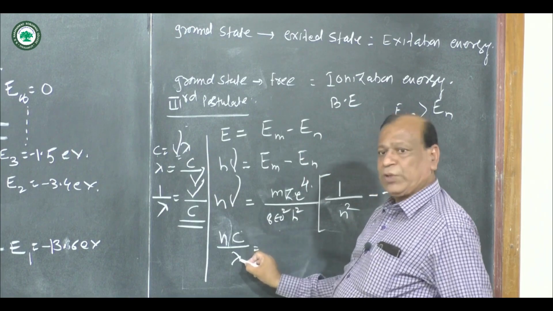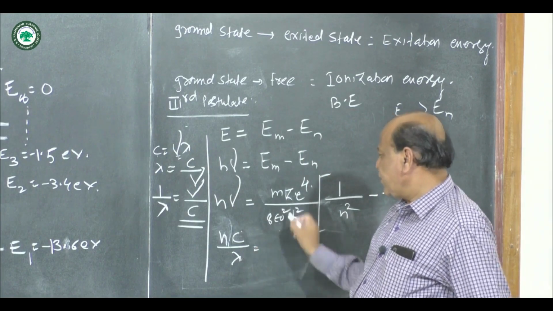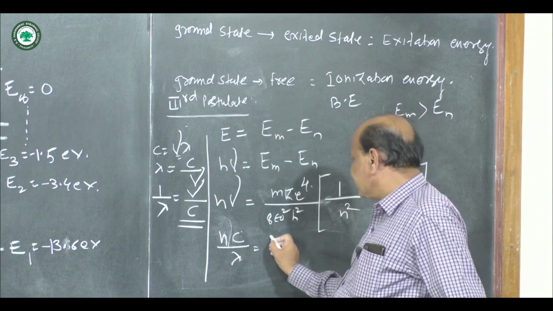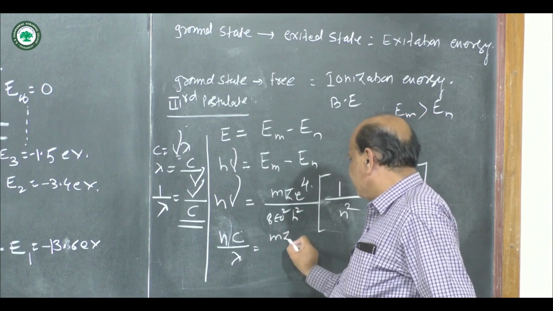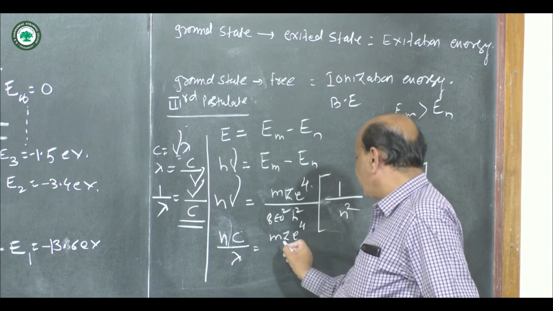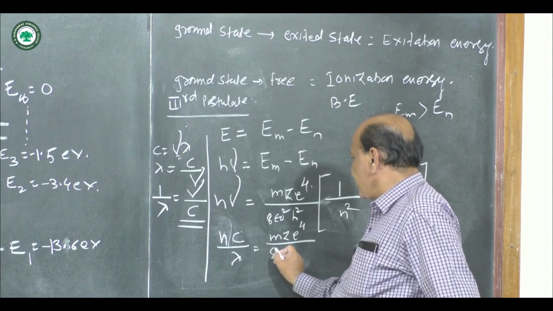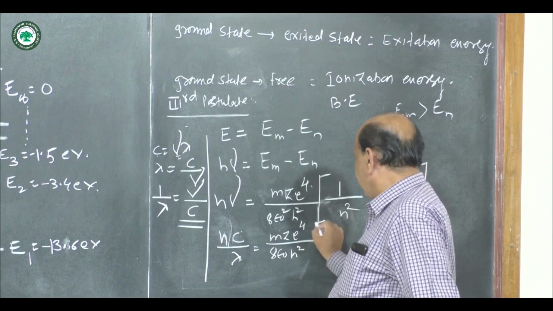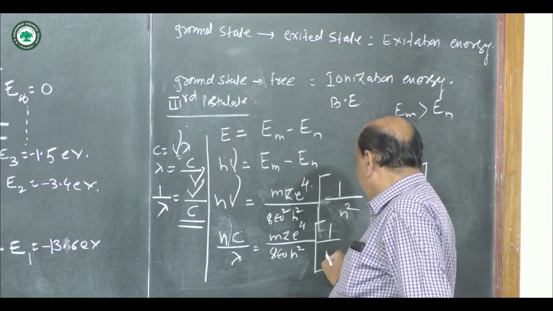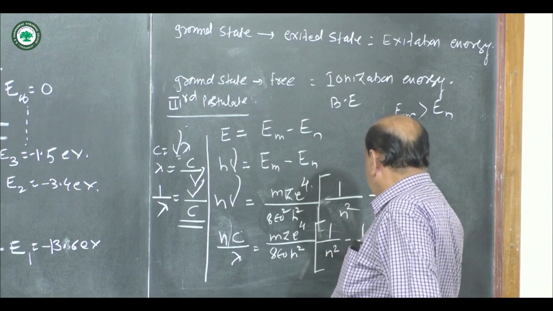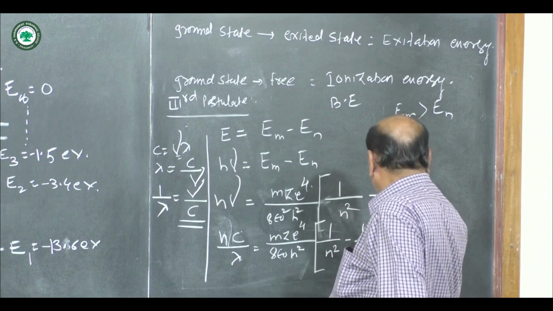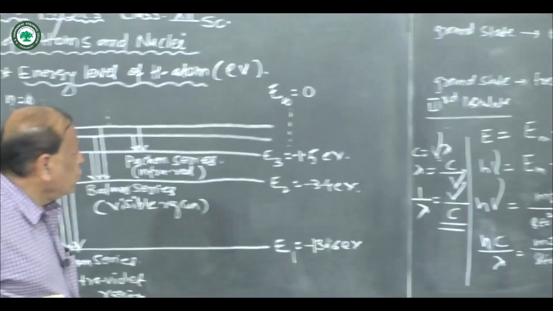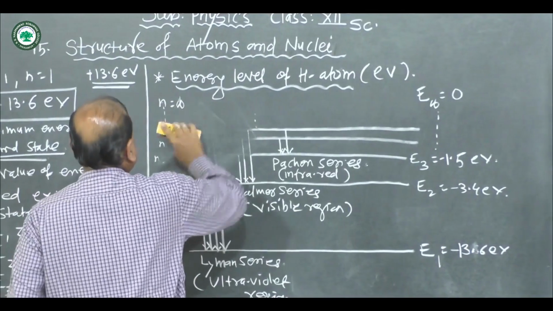The equation is otherwise as it is, m z e raised to 4 divided by 8 epsilon 0 h square, and in the bracket 1 upon n square minus 1 upon m square.